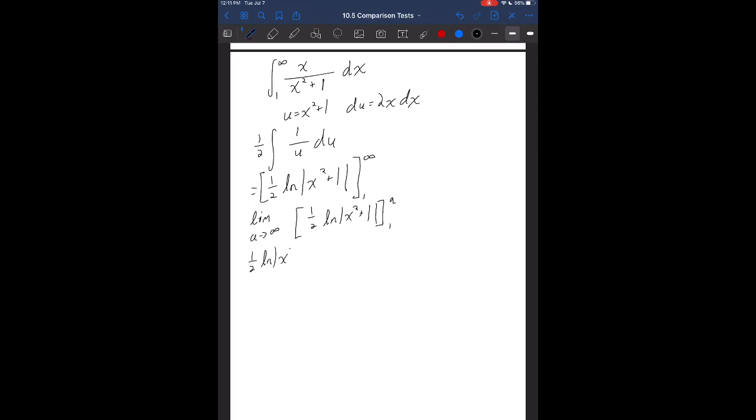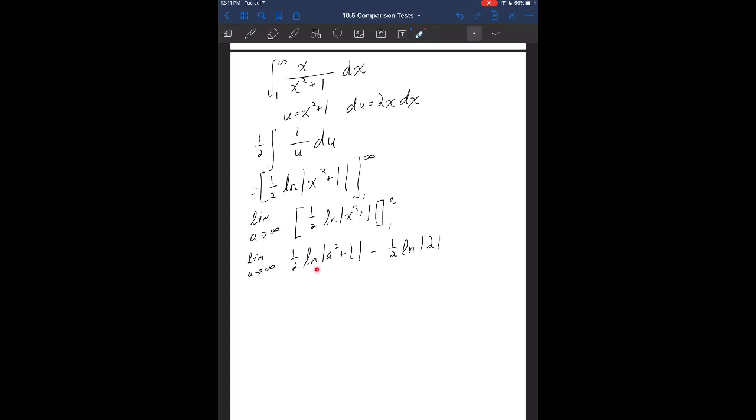Plugging things in, I'm going to get 1/2 natural log of a squared plus 1, with still this limit out in front. So the limit as a goes to infinity of 1/2 natural log of a squared plus 1 minus 1/2 natural log of 2.